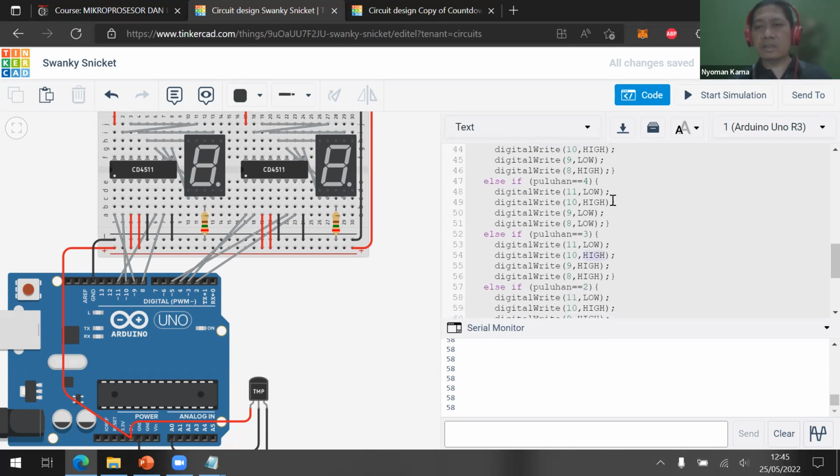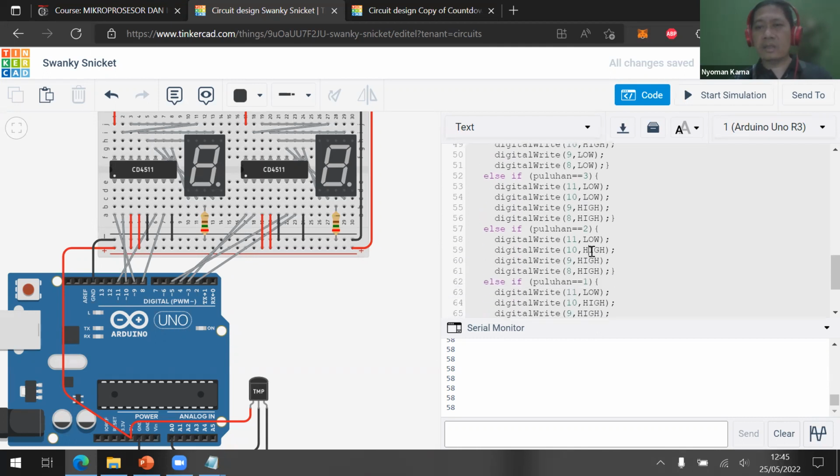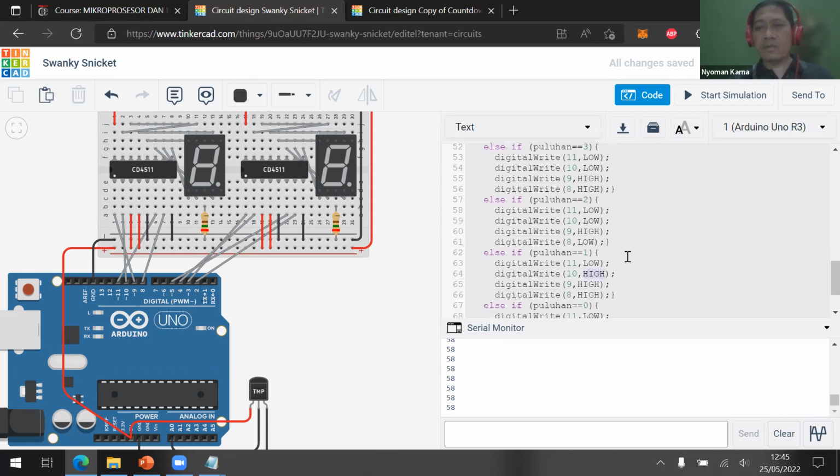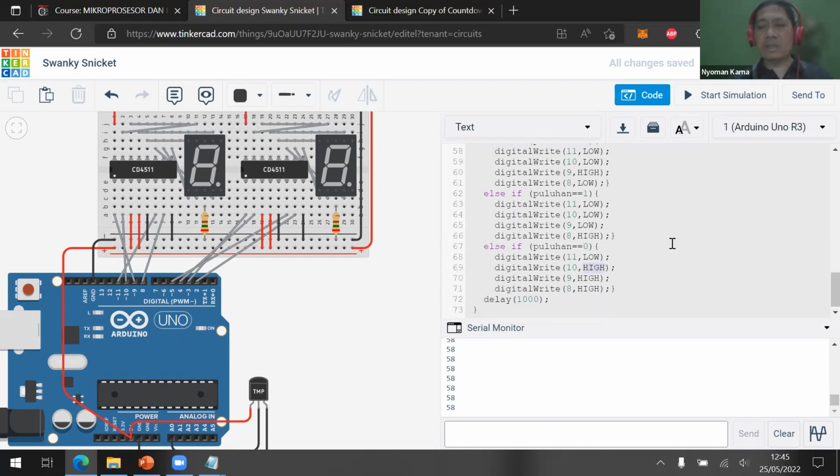And 3 is, this one is low, and this one is high and high. And 2 is, this one is low and this one is low. And for 1 it is low, low, and high. And 0 is low, low, low, low.